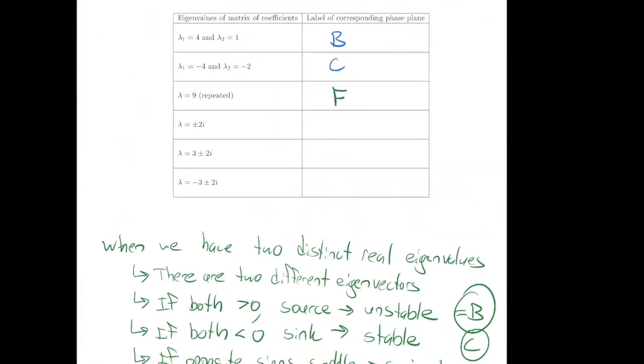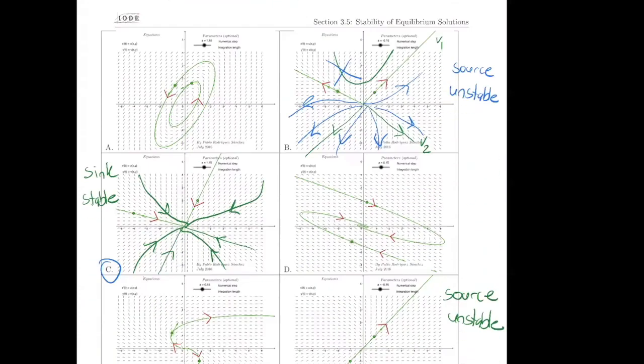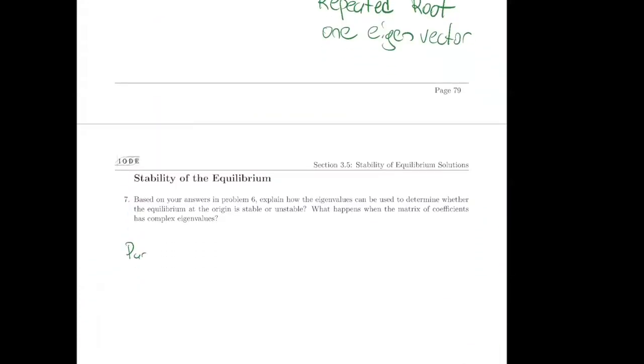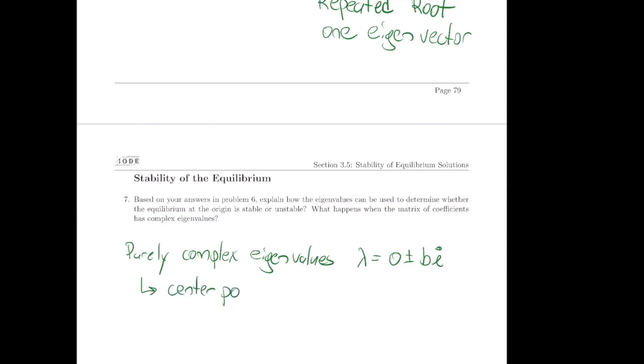So when we have purely complex roots, and by roots I mean eigenvalues, so if we have 0 plus or minus bi, then we're going to get what's called a center point.